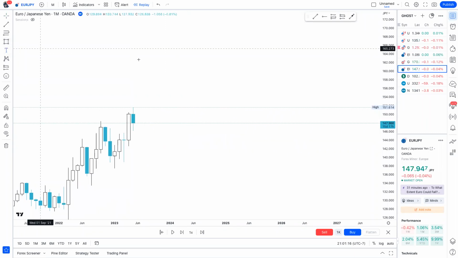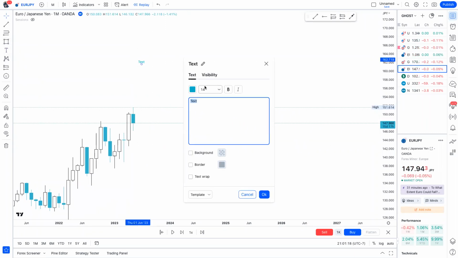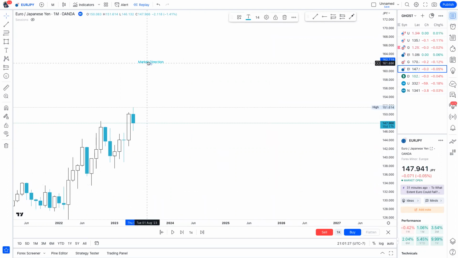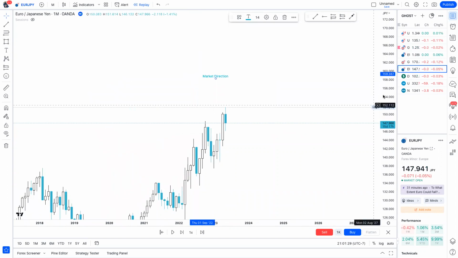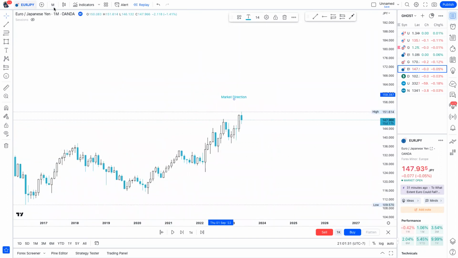And basically, if you're a beginner trader, you already know market direction is one of the easiest things to establish, right? And we can just zoom out here on the monthly. Notice I'm on the monthly.